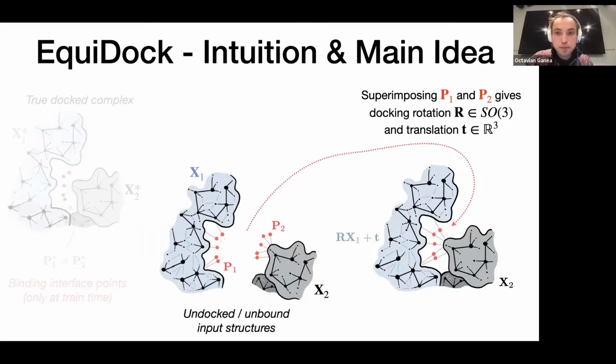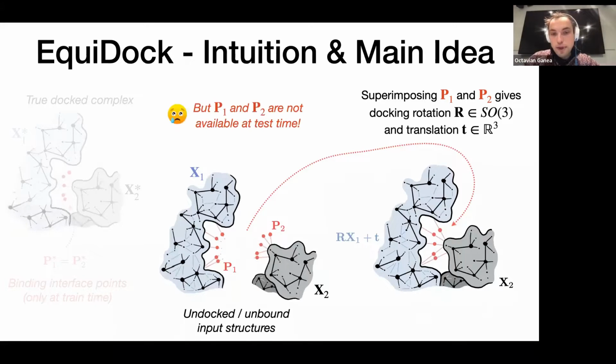What is very important here, and that's the main intuition of our model, is that if we now superimpose P1 and P2, so essentially take P1 and P2 and find the rotation and translation to place them back together, then we're going to recover the docking transformation to dock the two proteins back. If we take R and T, which are the rotation and translation for superimposing P1 and P2, and we apply it to this ligand protein, we're going to recover the true complex.